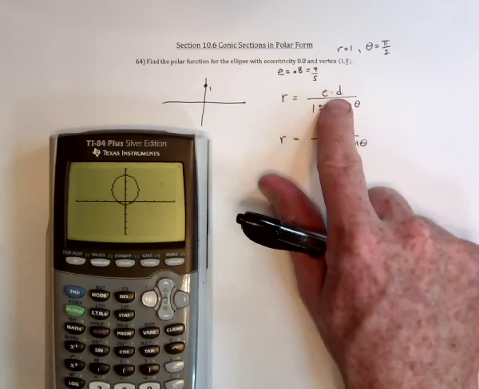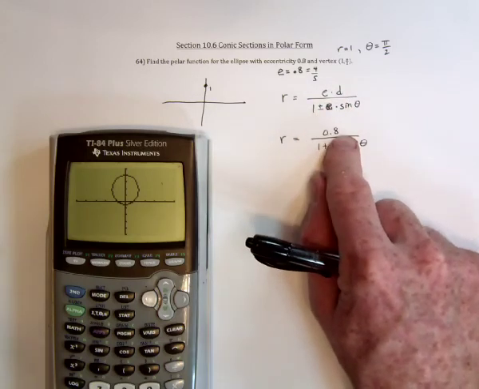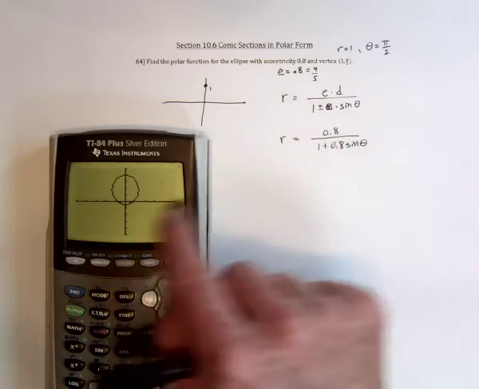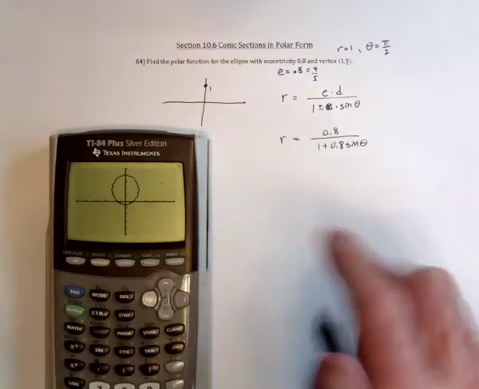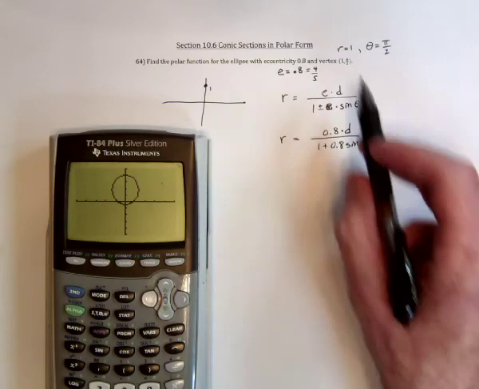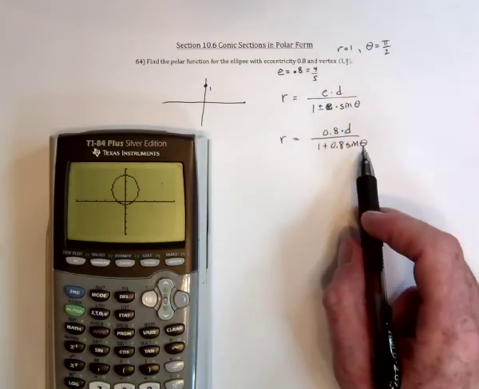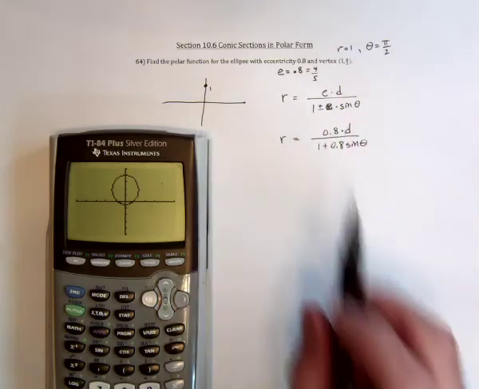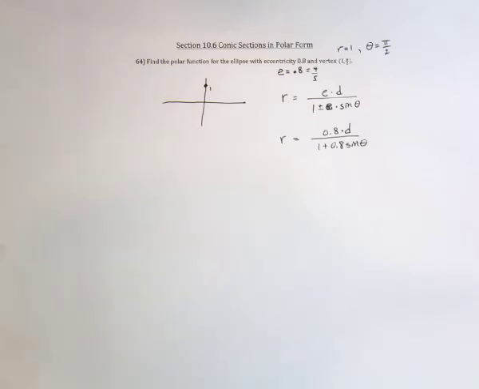At first I just pretended d is equal to 1, and it didn't quite work out, so d is not equal to 1. We have to find out what d is. And this given information means just plug in pi over 2, plug in a 1, and then we should be able to solve for d.